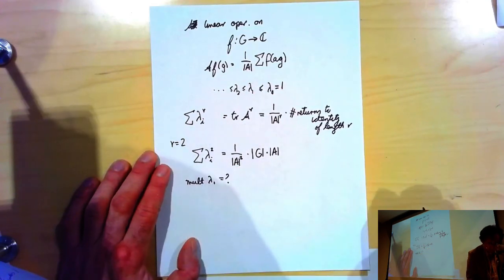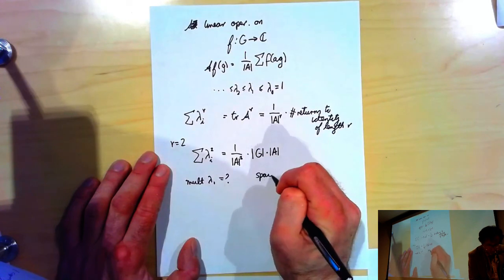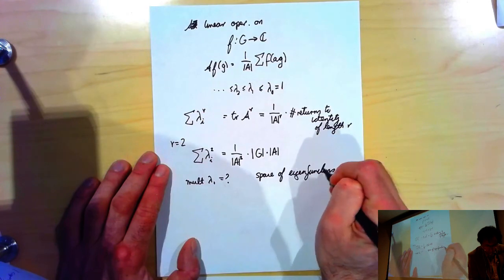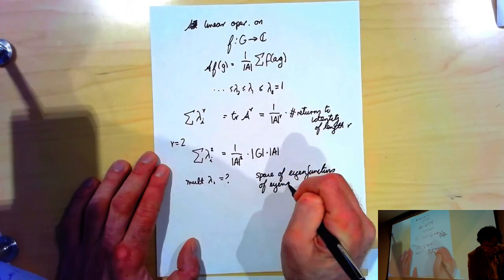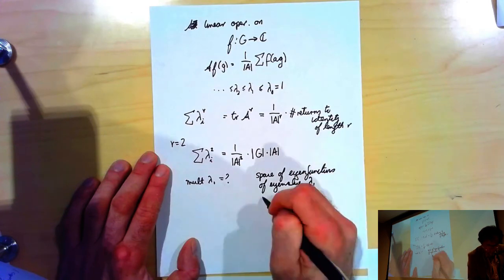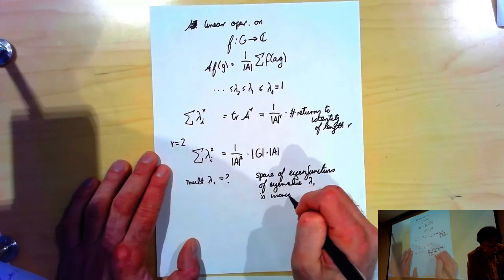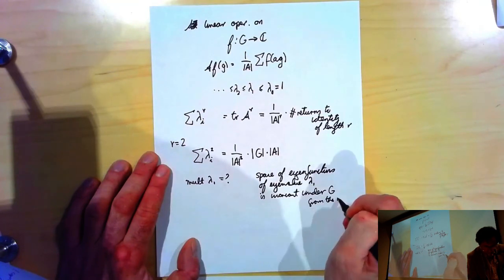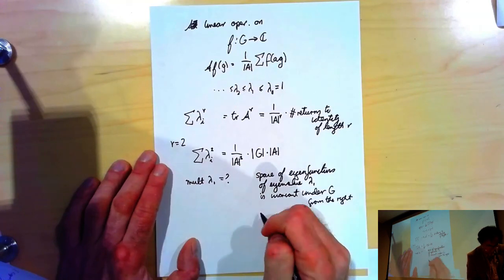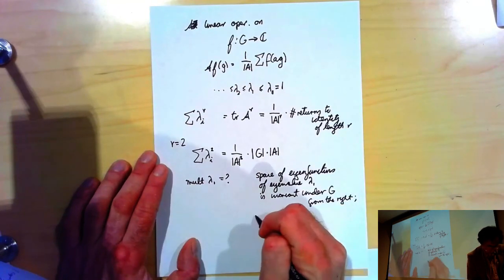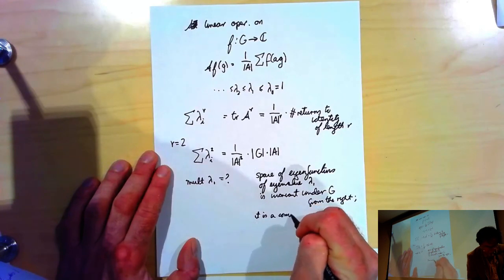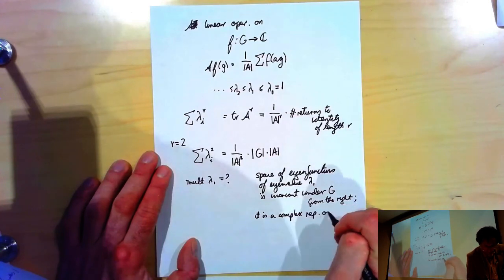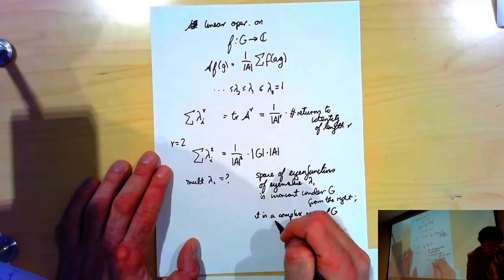It's because the space of eigenfunctions of eigenvalue lambda 1 is invariant under G acting from the right. So it is a complex representation, a complex vector space in which G acts. And because this is not a constant function, it's non-trivial.